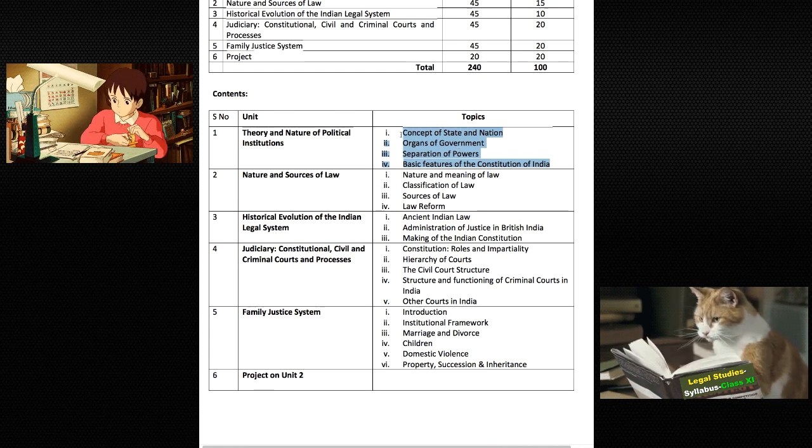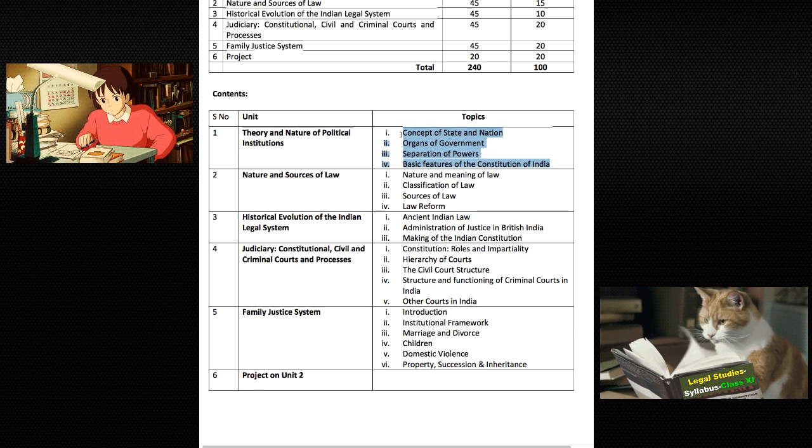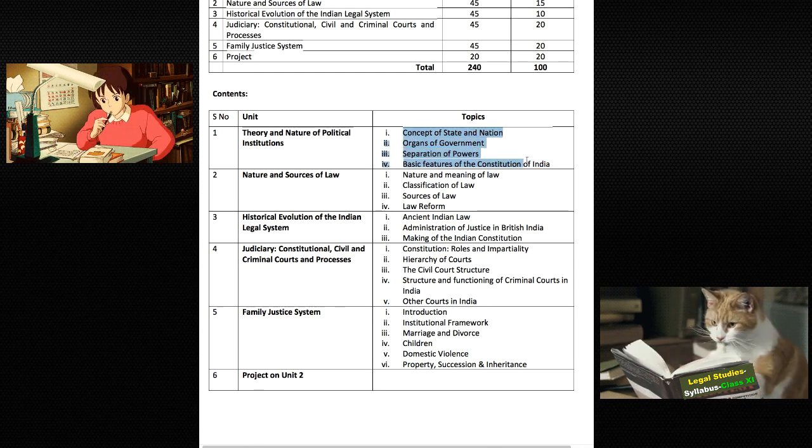This talks about the constitution and some political aspects, covering the concept of a state and nation. These are introductory things so that you can gradually come to the core legal topics. I believe you know this, so I won't be discussing this anymore.